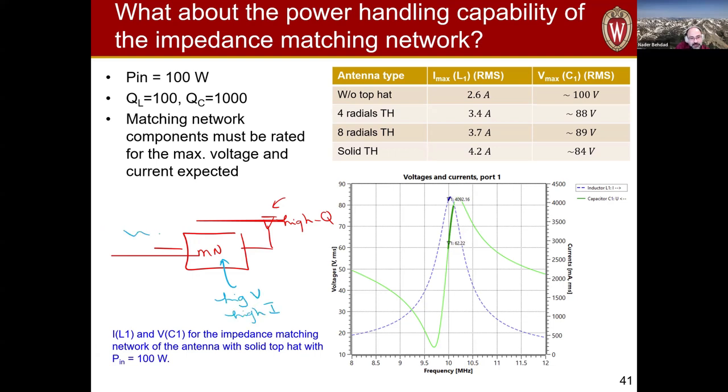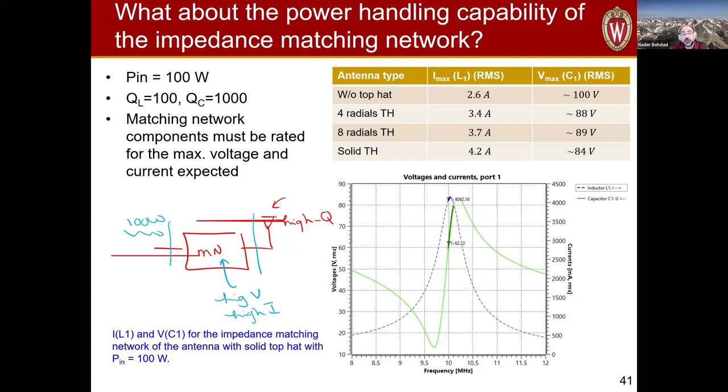So let's say you're trying to transmit 100 watts of power through this antenna, and this impedance matching network is used to match it to 50 ohms. You can have very high voltage and high current values in your matching network to radiate 100 watts. So you've got to make sure that the components you're using are rated for the maximum current and maximum voltages that you experience.